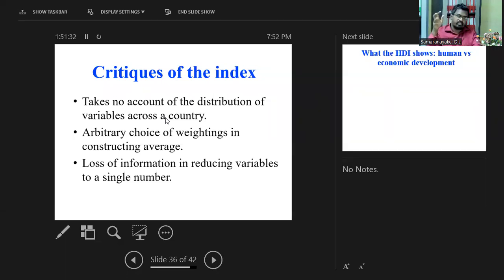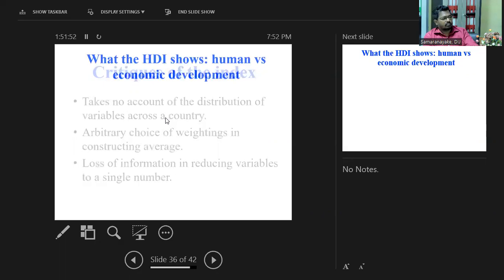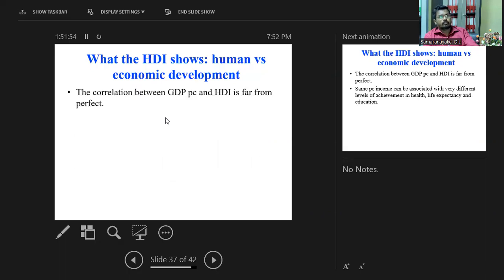Earlier we had different dimensions and different information, and finally we are trying to develop one value, one computation out of all this. Whether the single number will say a lot about all these dimensions, that's a problem, because we are losing a lot of information to produce one single number. That is another concern.